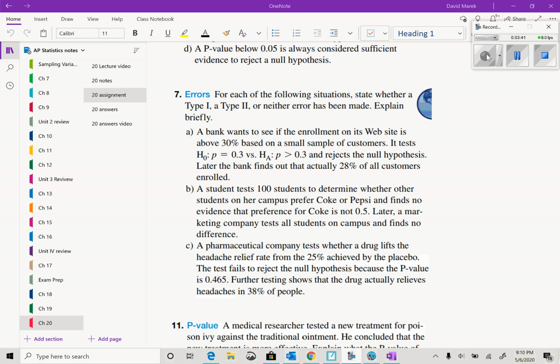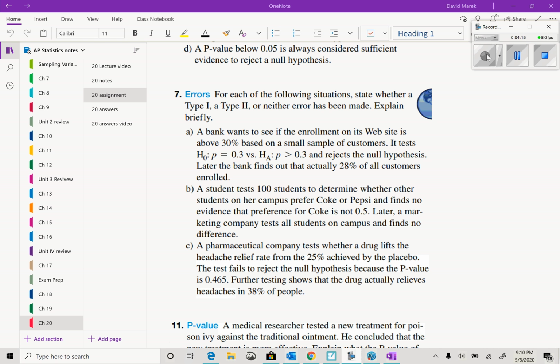Type 2, man, that's hard to see very many movies like that. The human condition is, if we find out in the end that somebody put on trial for murder was guilty and they're not found guilty, if they actually get away with a crime, people don't like to hear those stories. People don't like to see movies like that. So it's hard to come up with two really good examples.